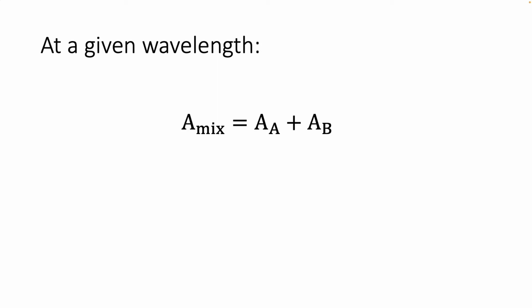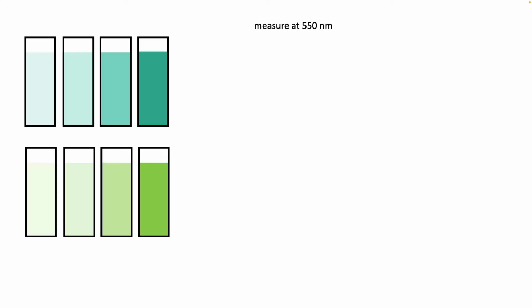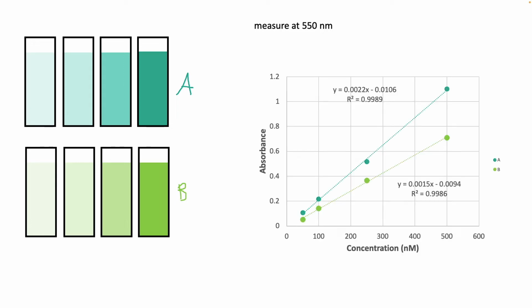But there's a problem, which is that if we have a mixture to start with, we can't separate out compound A from compound B to figure out how much there is of each. So what can we do? We can make a set of known standards for compound A. We can make a set of standards for compound B, and then we can turn our data into calibration curves.